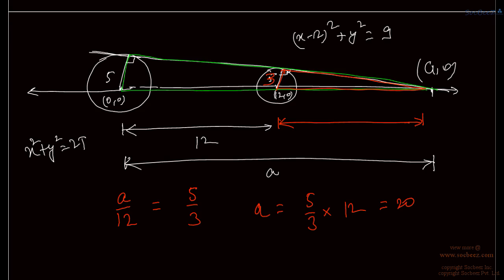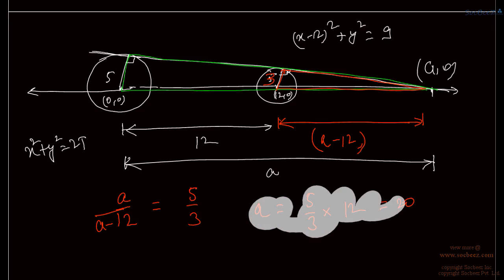This is actually, we have to consider this triangle. So this triangle here, it is actually 12 minus A, right? Not 12 minus A, this is A minus 12. A is larger, so A minus 12.